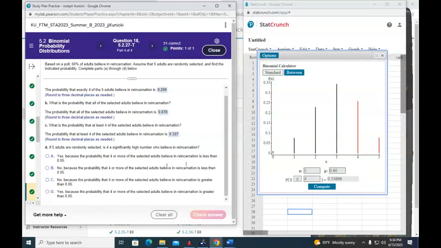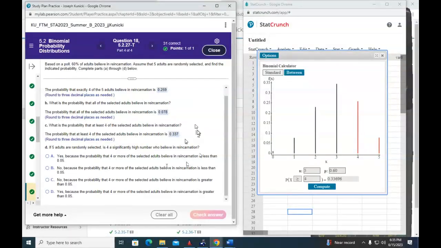If 5 adults are randomly selected, is 4 a significantly high number? It's not less than 5%. It's a high percentage, but it's not significantly high.